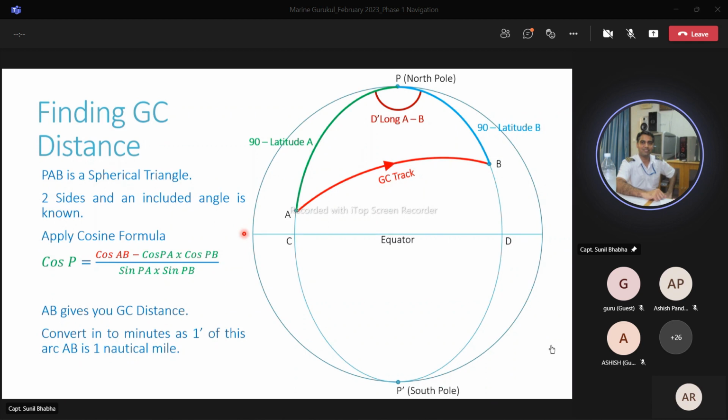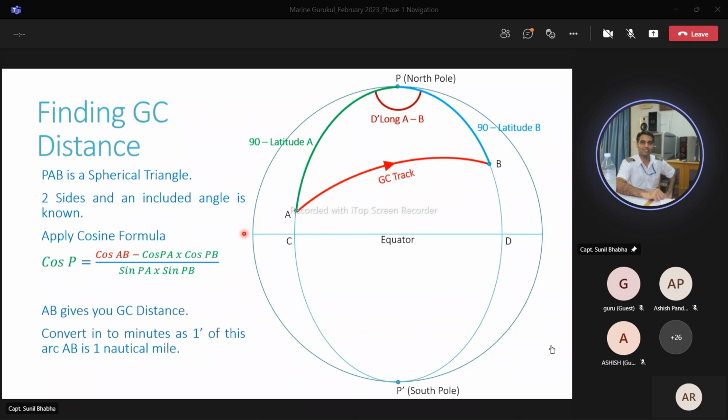Now, to calculate the distance, how do we convert this side AB into the great circle distance? Now, fortunately, 1 minute of arc of a great circle on the surface of Earth is equal to 1 nautical mile. So this side AB converted into minutes gives us the great circle distance.